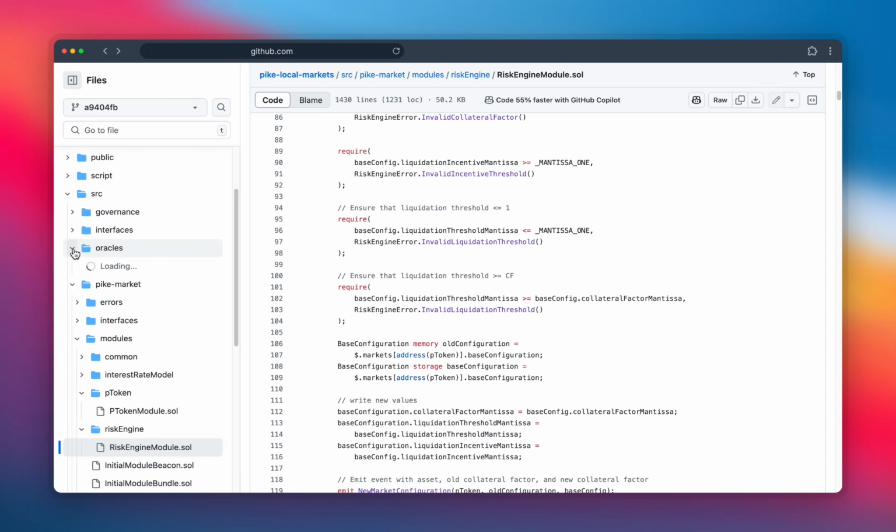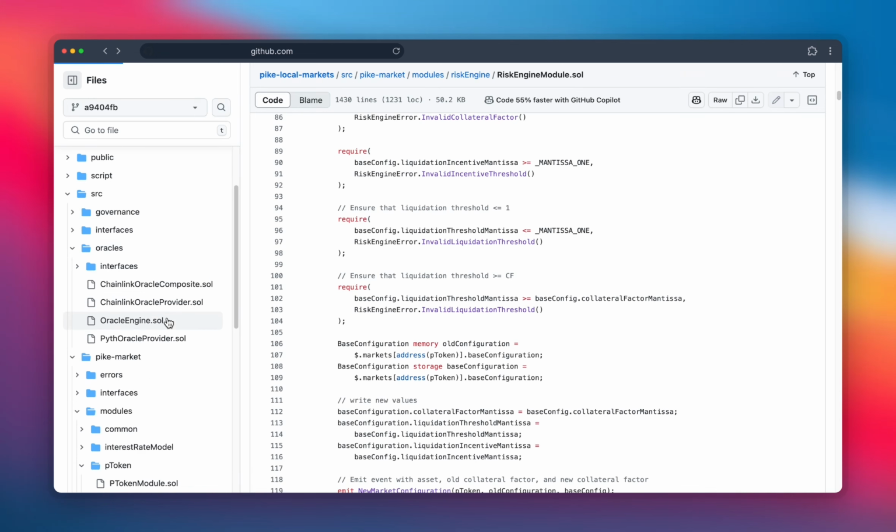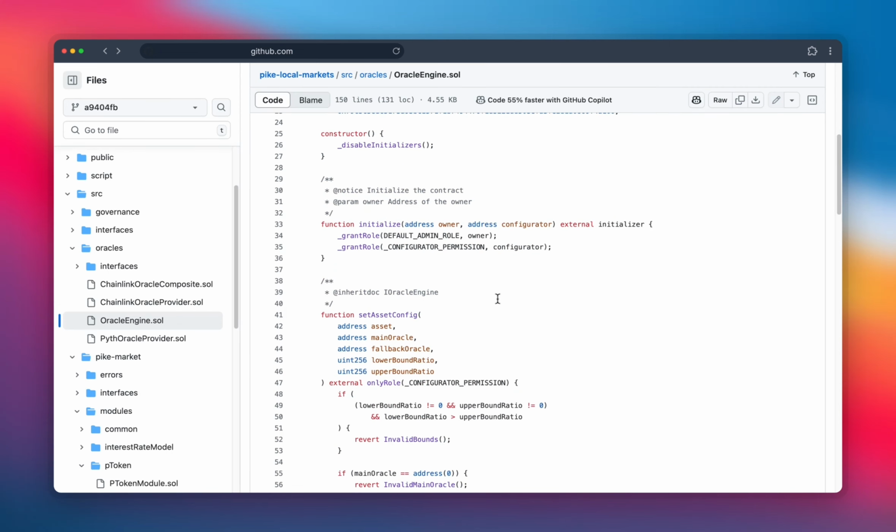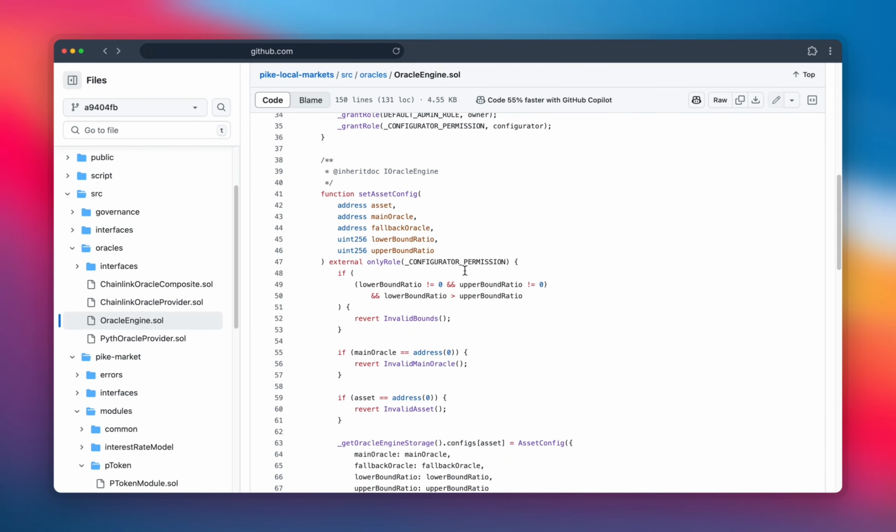Next one is the Oracle engine. Oracle engine has the function set asset config, which assigns main and fallback Oracle providers like Chainlink, Pyth, or custom providers.